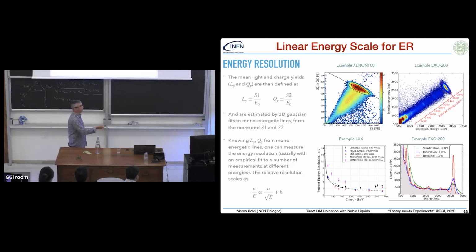This can be seen in many of these plots. The energy of this ellipse is coming from a single line at a fixed energy, but each line has this elongated shape given by the anti-correlation of the two channels. You see also here, this is for other lines.